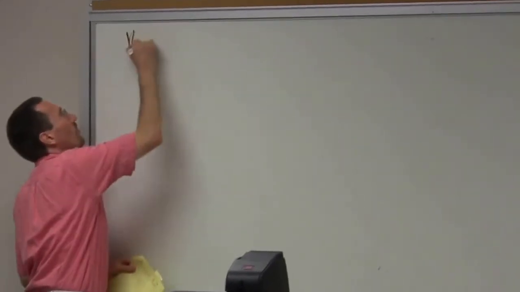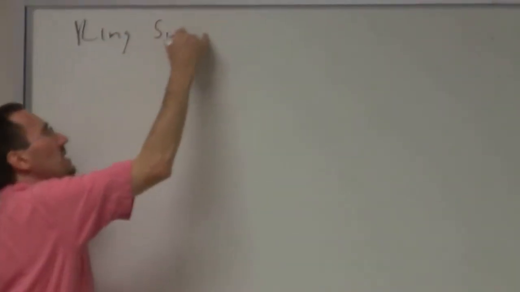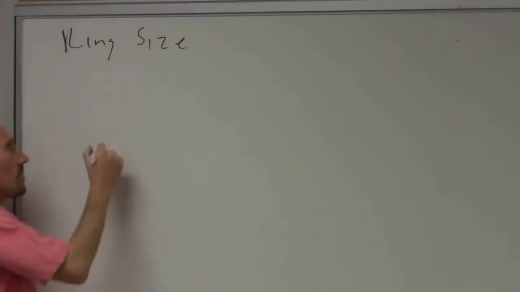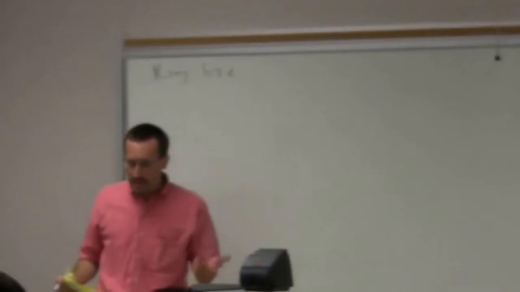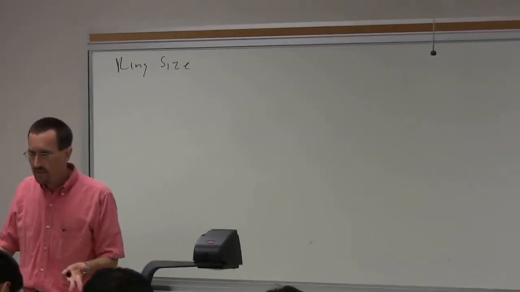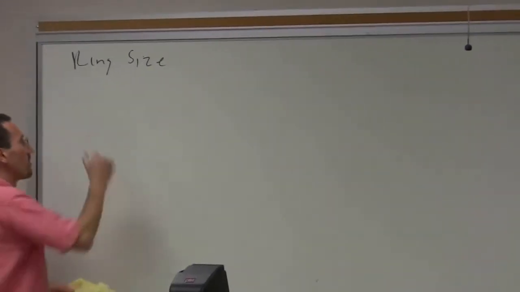So let's talk about effects of ring size, and then we're going to talk about some conjugation and some other effects. Remember, a normal ketone is about 1715 wave numbers.